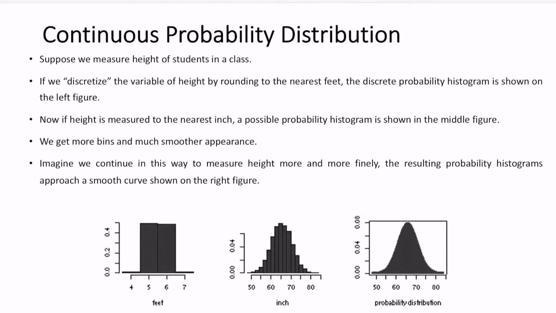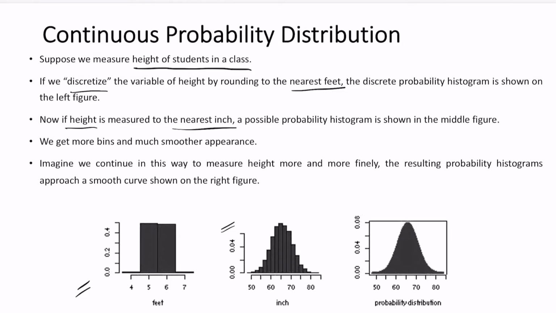So how do we visualize a continuous probability distribution? Suppose we measure the heights of students in a class, and if we discretize the values by rounding them to the nearest foot, you will get this diagram. Now, if you measure the same heights to the nearest inch, you will see that there are many more values.